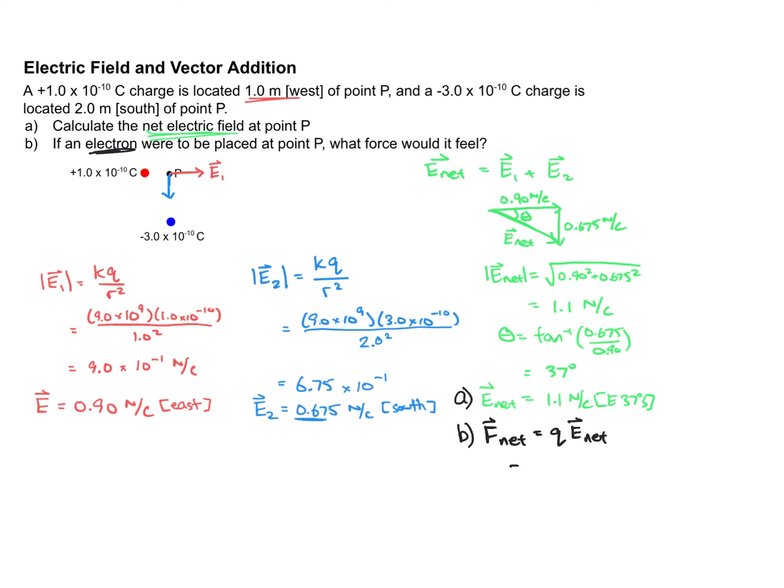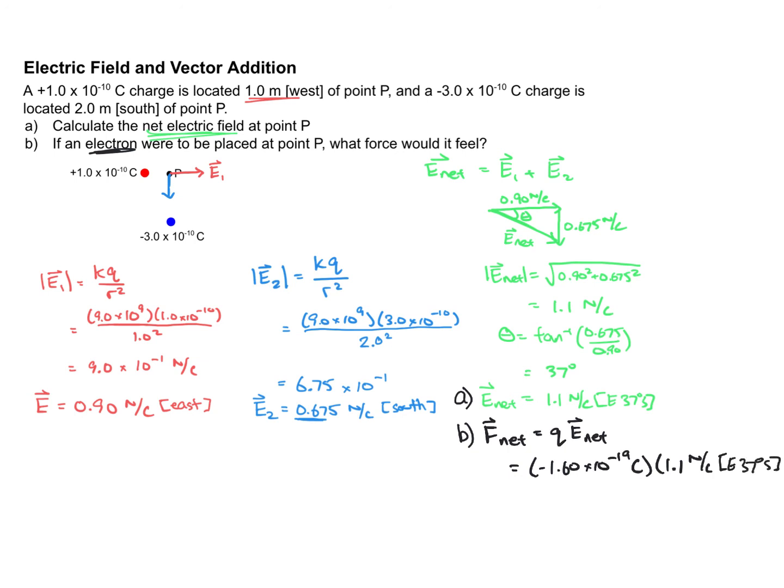So the charge of an electron turns out to be negative 1.60 times 10 to the negative 19 coulombs. We're going to multiply that by 1.1 newtons per coulomb. Preserving our direction of east 37 degrees south.